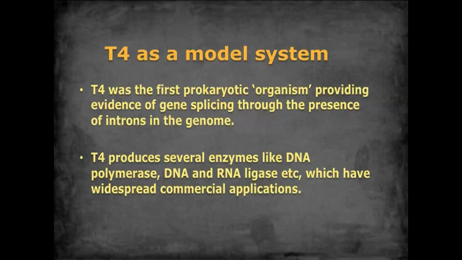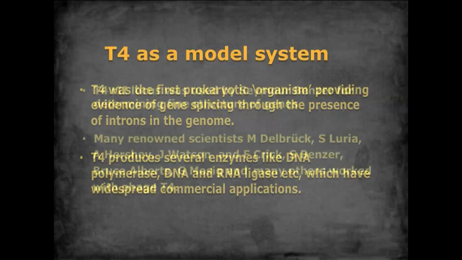And how gene splicing occurs was observed in T4 only. T4 also produces several enzymes like DNA and RNA ligase and DNA polymerase, and these enzymes are commercially used. So they have a widespread commercial value.